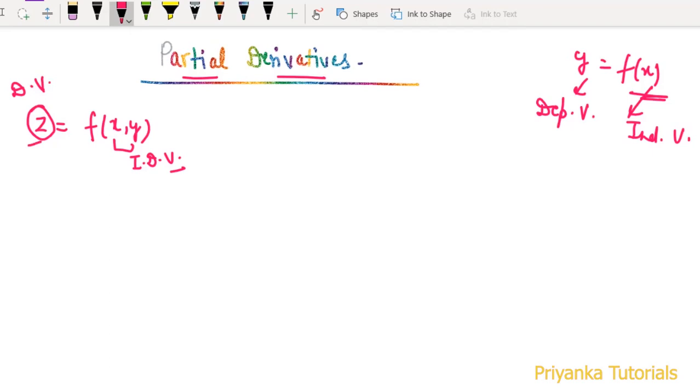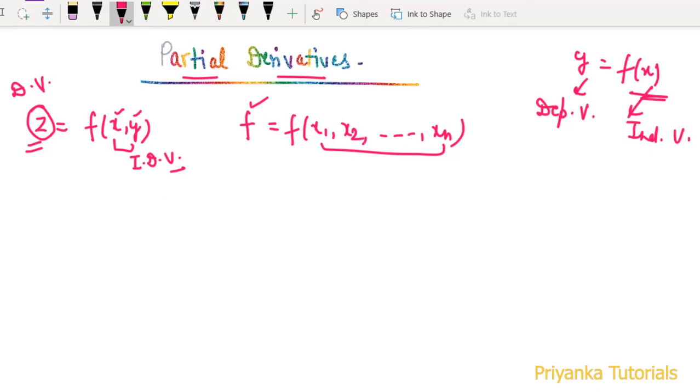That means z is being formed with the help of these two variables. And suppose you have a function of n variables, x1, x2 up to xn. So all these are independent variables and f depends upon these n variables, right? So this is the basic theory when you are working in higher dimensions.